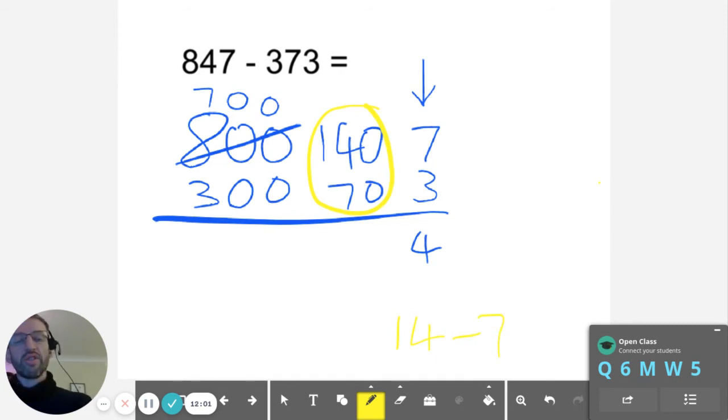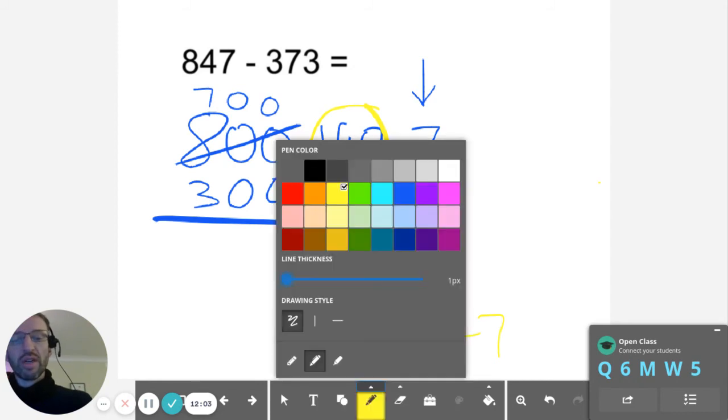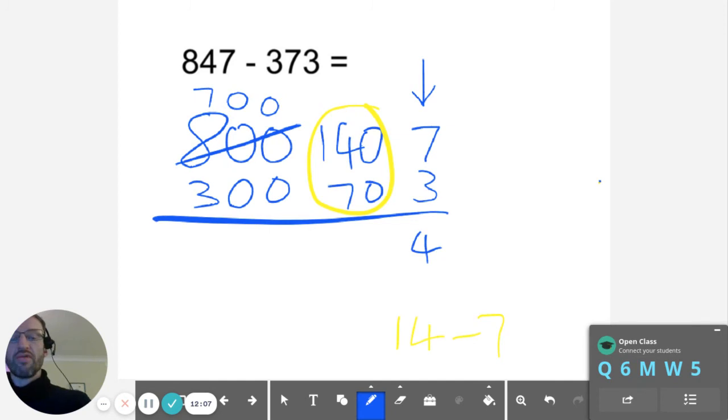You've made the question 10 times smaller. All you've got to do is make the answer 10 times bigger. So, for example, 14 take away 7 is 7, but the answer needs to be 10 times bigger, so it will be 70. Finally, in the hundreds column, 700 take away 300 is 400.